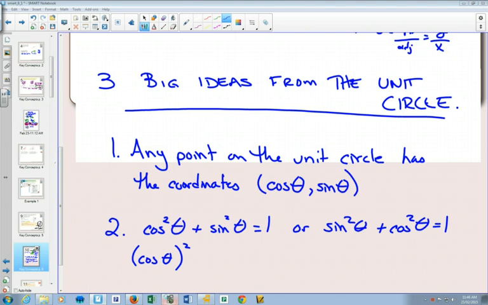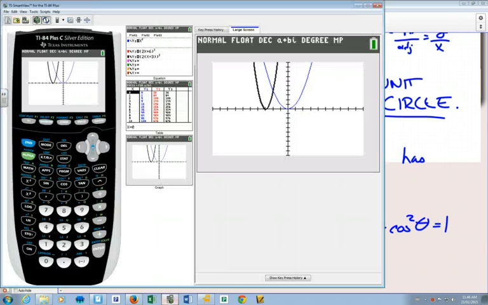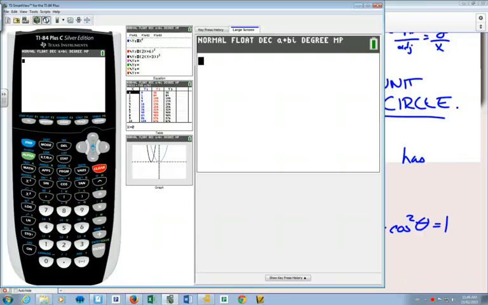Yeah, on your calculator you wouldn't need the brackets because it won't allow you to type the squared in between. So when we go bracket cos of 13 bracket squared. Oh, it added an extra bracket, so I've got to close that bracket.